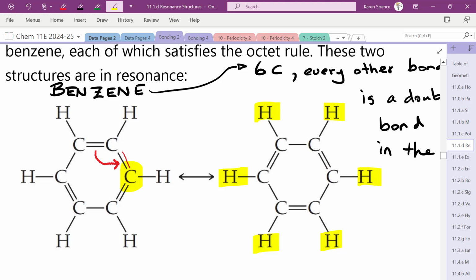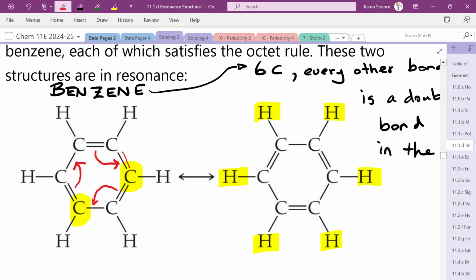That would give it 1, 2, 3, 4, 5 bonds. That's no good, correct? So we wouldn't want that. So what would have to happen? The next bond would have to get kicked over, and that would cause a problem for this carbon, so this bond would have to kick on over.